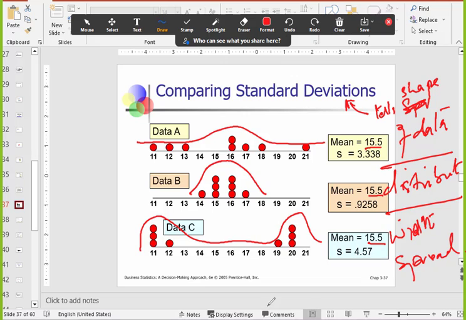So that is the one thing that I talked about earlier. Now we have three data sets. We know the standard deviation values: 3.3, 0.9, 4.5. As I discussed earlier, if the standard deviation is low, it represents that the mean value is more realistic. So let's have a look.